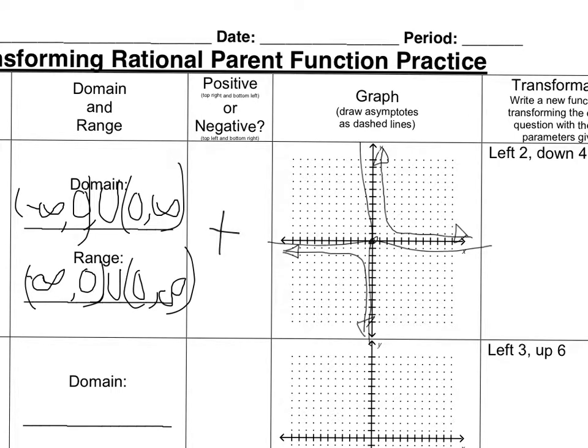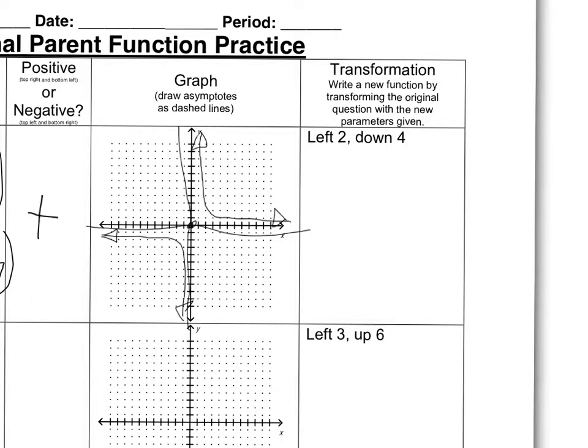So if you write your parent function 1 over x, and you have no horizontal asymptote, you would go left 2, but if you go left with the x, it would switch, so it would actually be plus 2 to go left 2. And if you want to go down 4, you don't have to switch it, but it'll be on the outside of your equation with a minus 4. So you go down 4 and you go left 2.